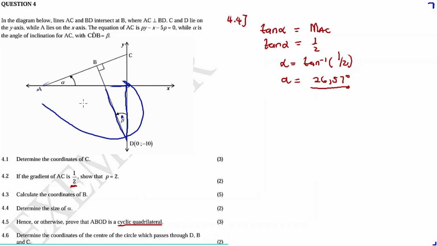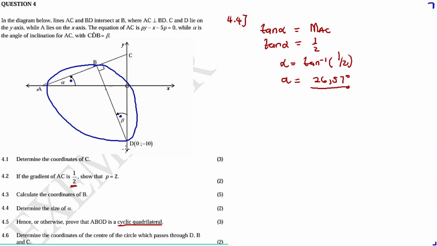So now we have to prove that this is actually a cyclic quad, meaning you must imagine that there is a circle around. It looks like a circle. It should be a circle, so you must prove that this one is equal to this one.